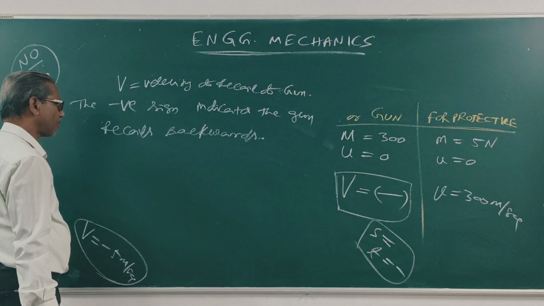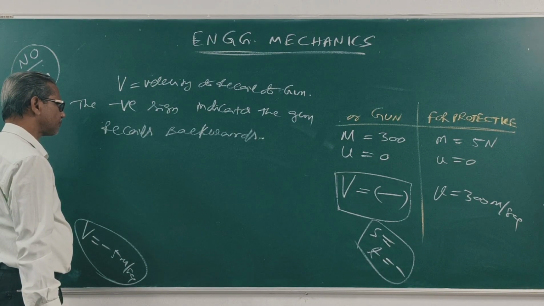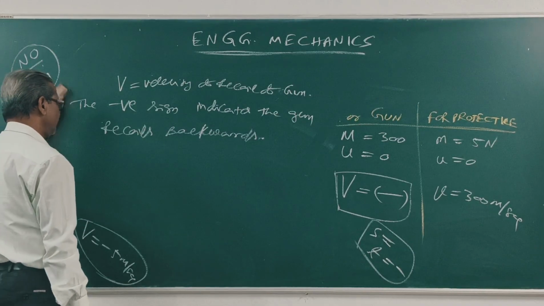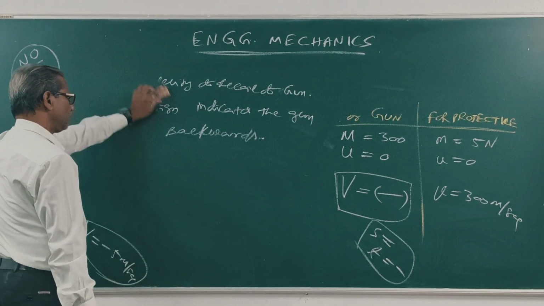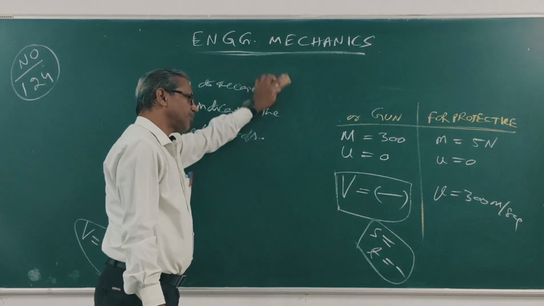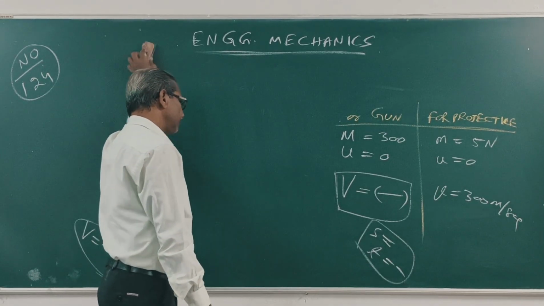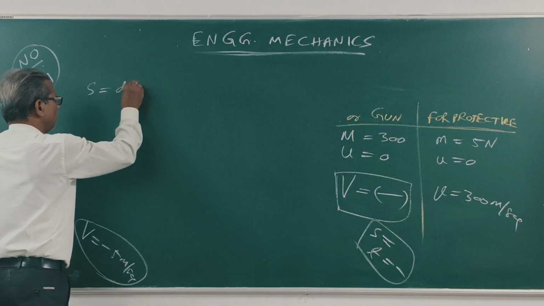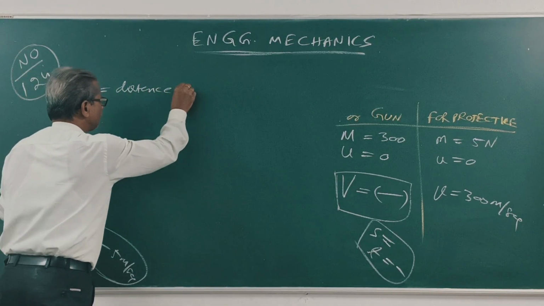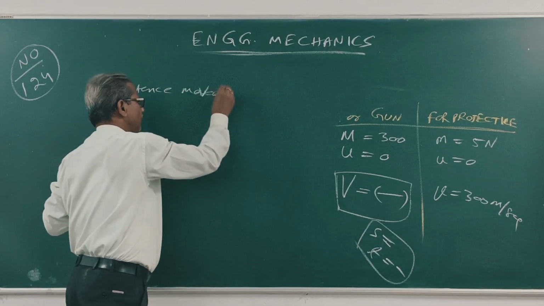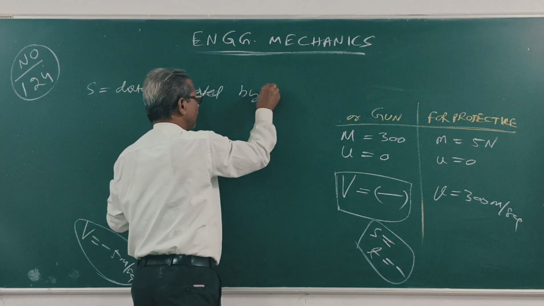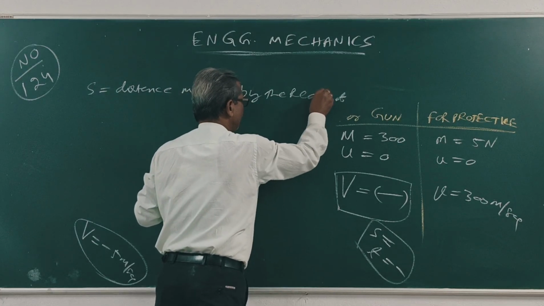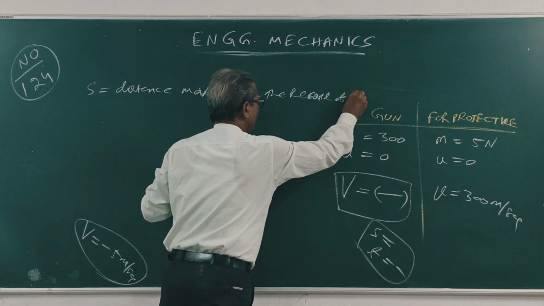Now, distance moved by the gun. S is equal to distance moved by the recoil of gun.